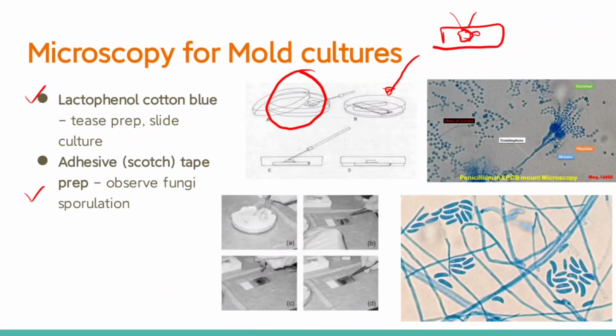So, ikakalat mo sa slide. Okay? Then, pag natis na yan, dagdagan mo na ng lactophenol cotton blue. So, ano makikita mo? So, ganito. Yan. Okay? So, you would see that your what we call the cell walls, which contains chitin, no, they would stain blue, no, kaya nga lactophenol cotton blue. So, ayan, mga conidia, ayan, makikita mo yung mga structures.